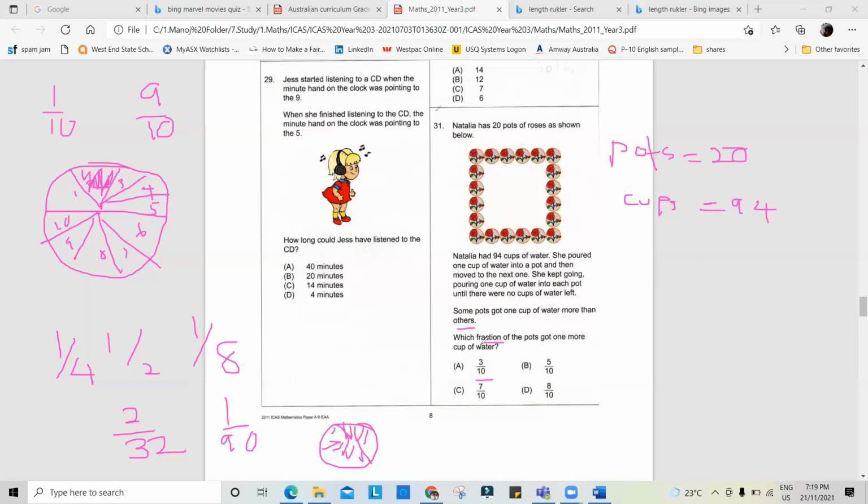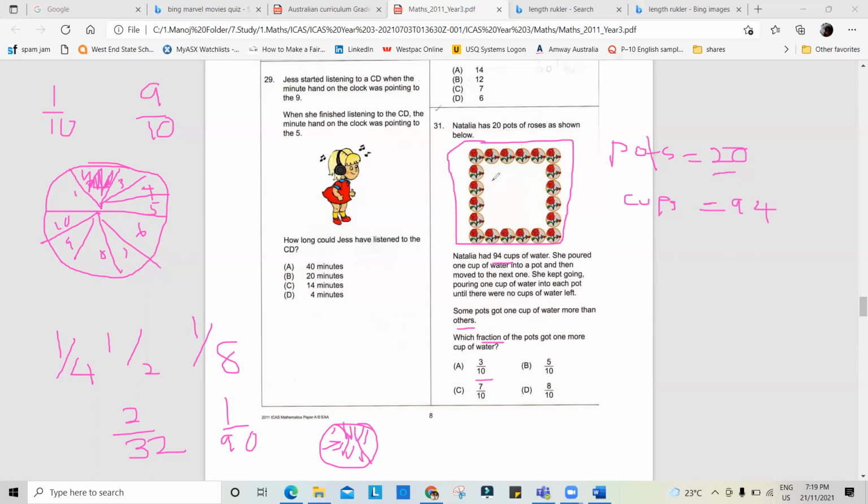Now then, the 94 cups and 20 pots. You are pouring water along these pots. That's 20 pots. Then for each pot, how many times does it get a cup of water? That means if you go 1 round, how many cups do you need to finish? How many cups do you use if you go 1 round?